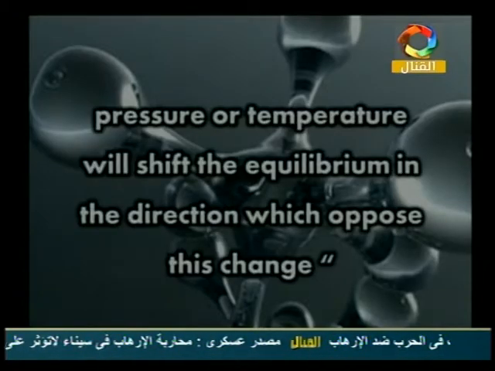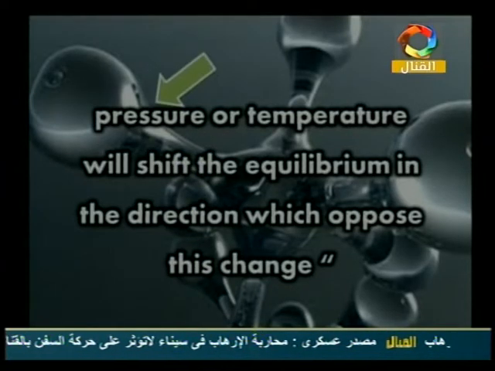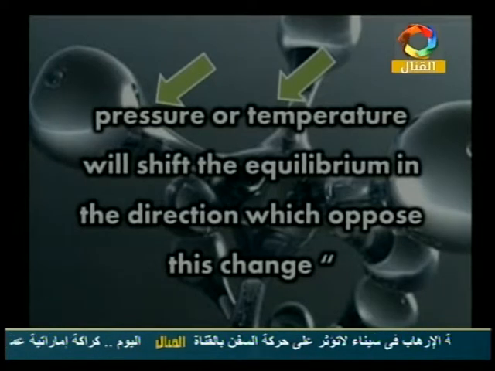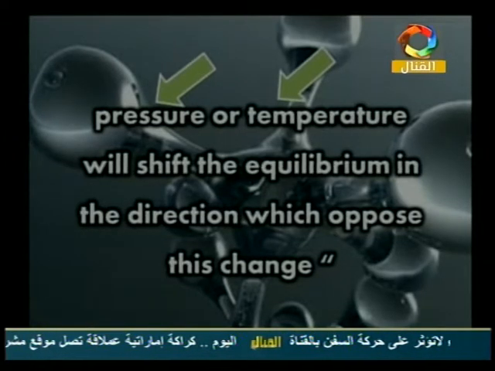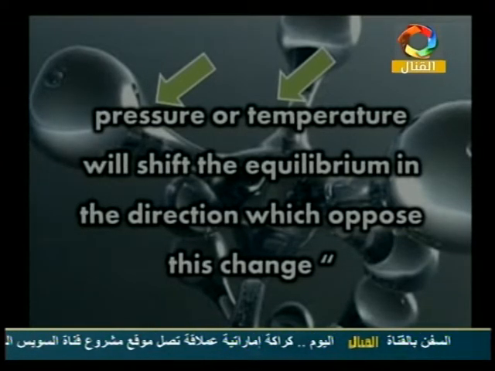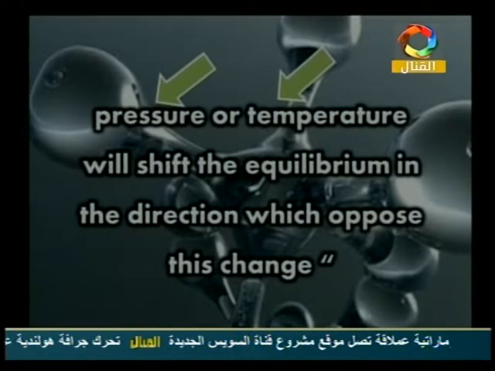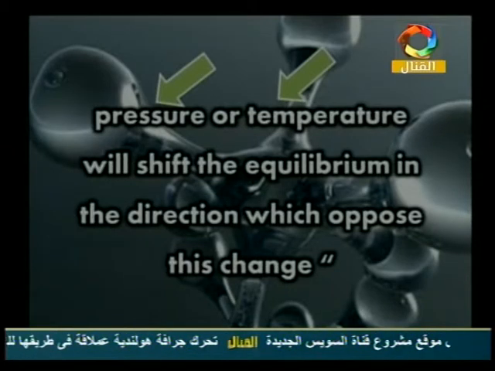No. Also pressure, also temperature. What happens if all of these are changed? It will shift the equilibrium in the direction which opposes the change. This is Le Chatelier, a wonderful scientist.